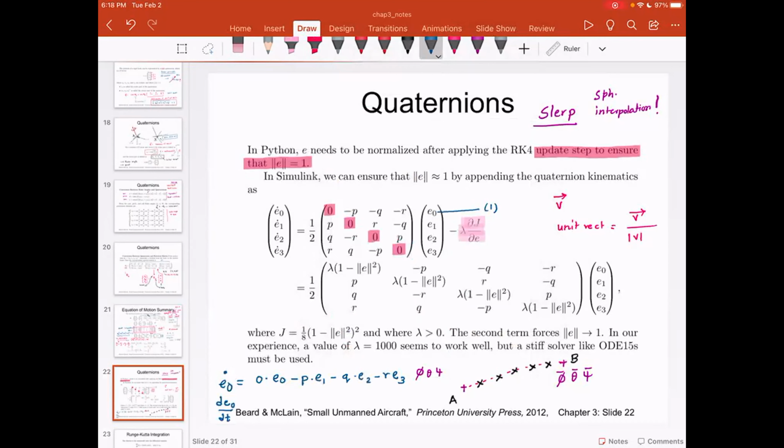If I'm going to perform the numerical integration, I can assume time step dt is equal to delta t, say 0.1 second. And then this equation can be written as dE naught is equal to 0.5 multiplied by minus P E1 minus Q E2 minus R E3, multiplied by 0.1.